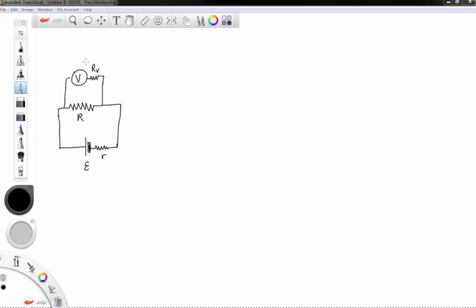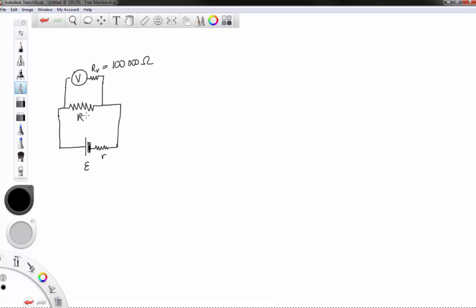So basically what happens is when you put the voltmeter in parallel with this circuit, you can draw it looking something like this. For all intents and purposes, the part that's really relevant to us here is that there is some internal resistance for the voltmeter. Again, we're assuming you're using this correctly, that you're not just attaching this in series. This resistance was given as 100 kilo ohms, so that's 100,000 ohms.